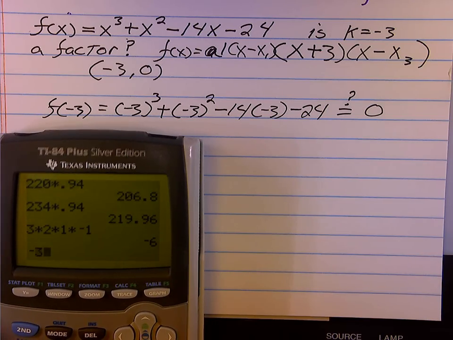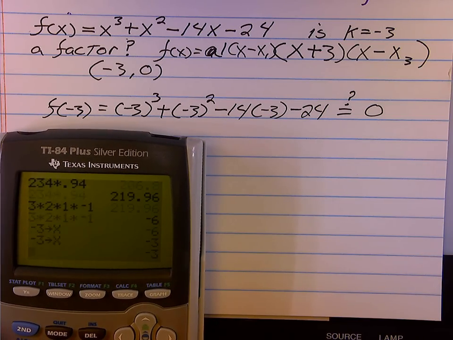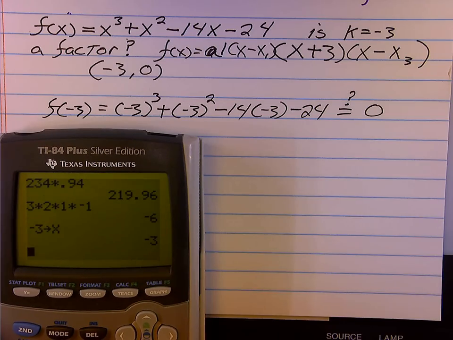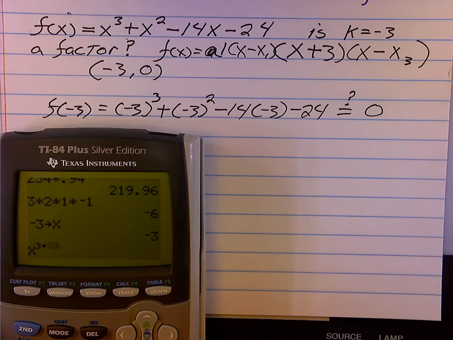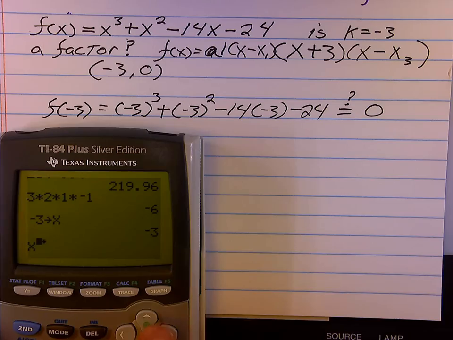So, here we go. Turn on my calculator. I'm just going to take negative 3 and store it as x. After I do that, I got what? X cubed plus x squared. Oops. Don't need that. Gotta come down there.